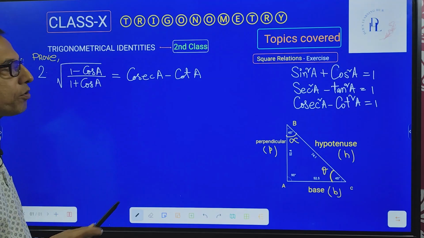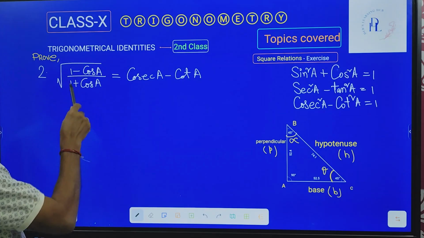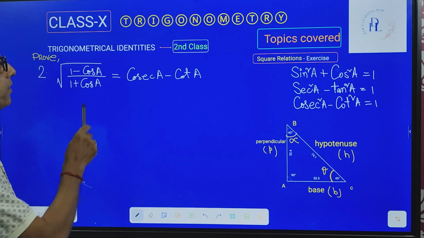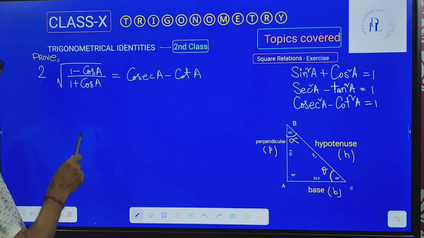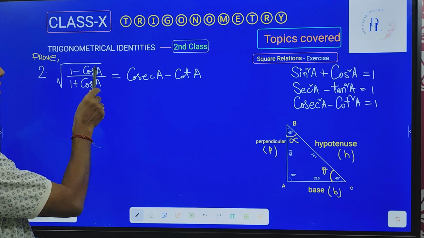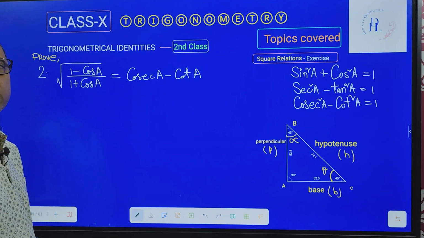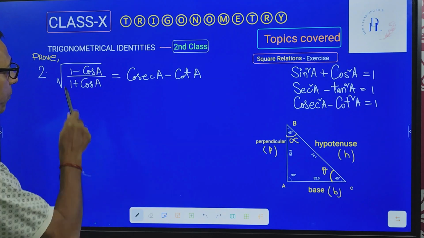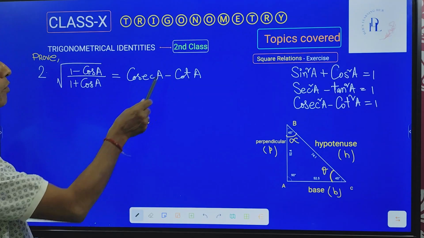Now the first thing you need to do is eliminate the root. For that you need to multiply both numerator and denominator on the left side, either with 1 minus cos A or with 1 plus cos A. But which one you will multiply with depends on looking at the right side.